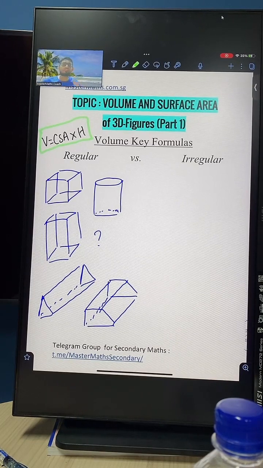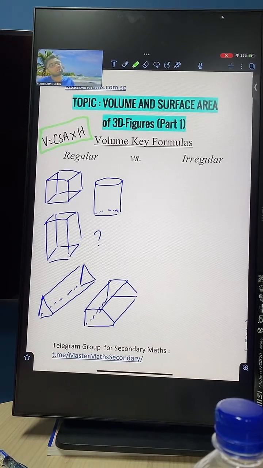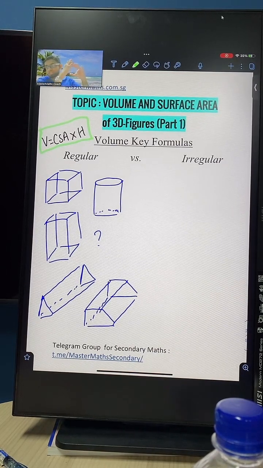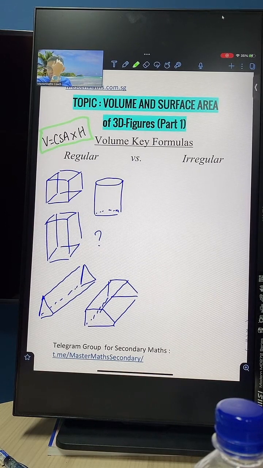Whatever regular shapes you get, there was one time in O levels, they provided the shape of a house. Okay, the shape of a house, and they asked, hey, what is the volume of this house? Many students were super confused about this. Why? Because they're like, hey, alamak, what is the formula? What is the formula for this?